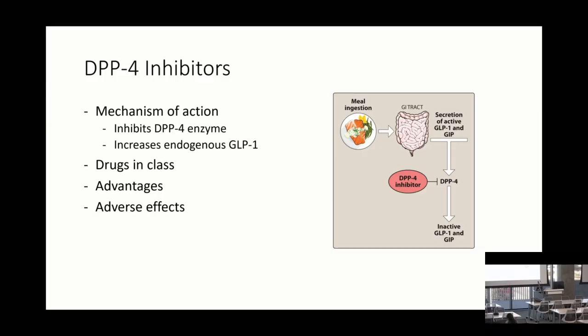So even if you're preserving what they have, these are not very effective medications because they're already in a deficient state. Okay, but they do work, but they're not the most powerful agents to use. Their advantage is they're oral, they're pills, they're not injectable, they're relatively cheaper, and they don't have a lot of adverse effects.